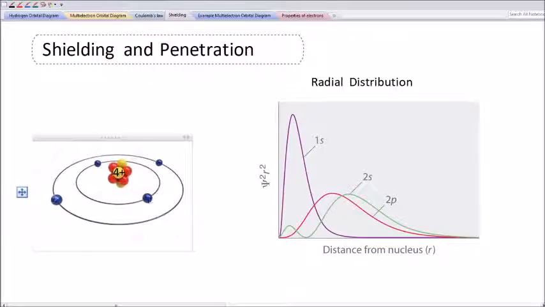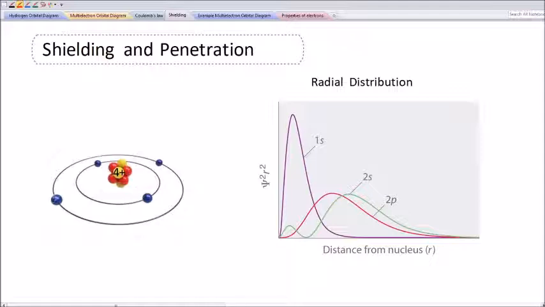And because the electrons in the first energy level are essentially shielding or repelling the other electrons, then the electron that's in the second energy level will be less attracted to the nucleus.